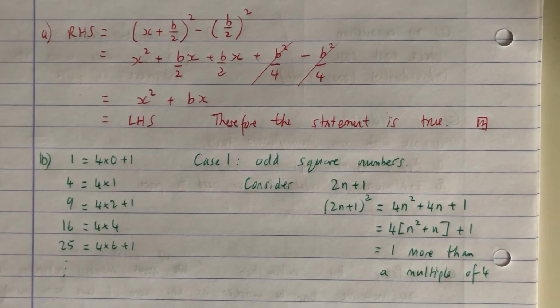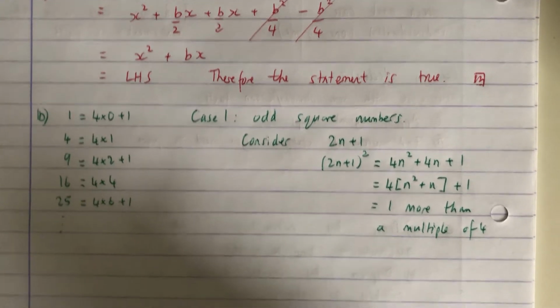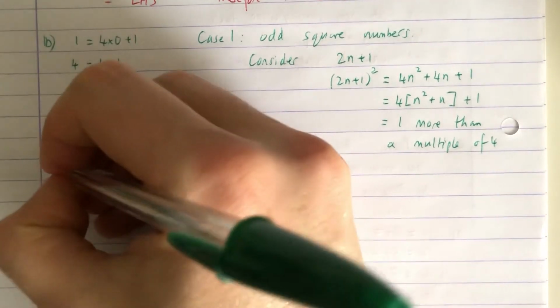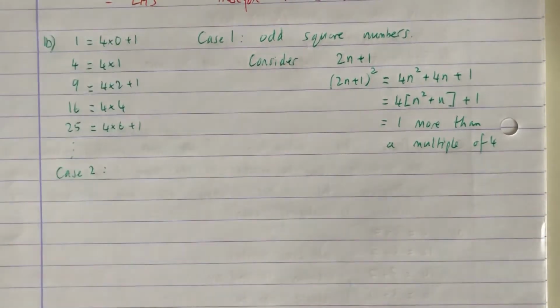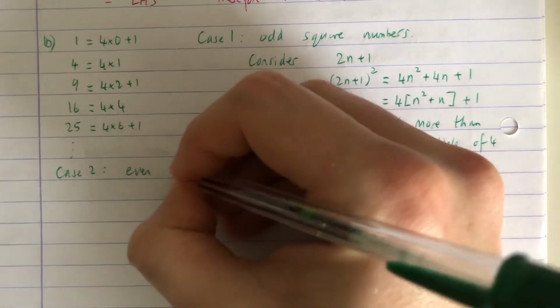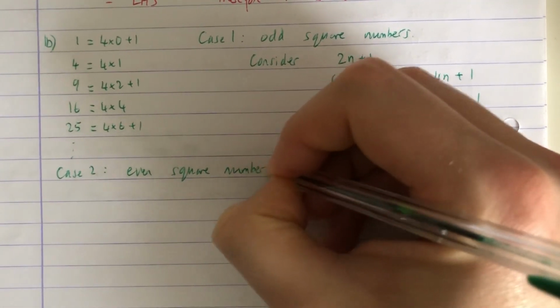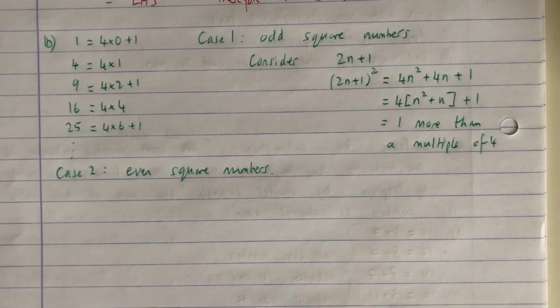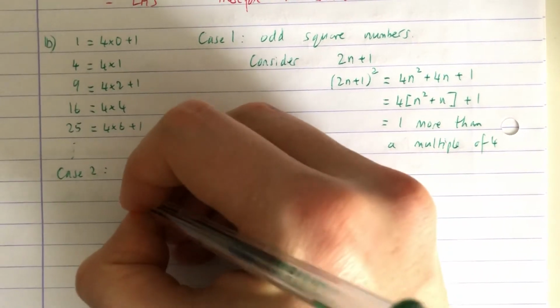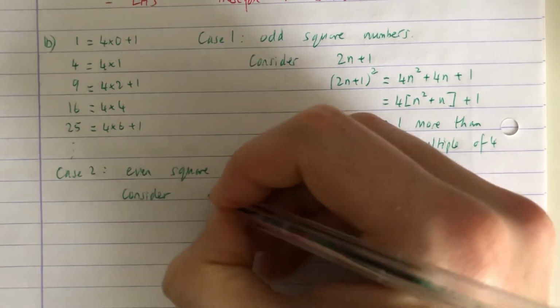Okay. The other case. The even square numbers. These should always be exactly a multiple of 4. This time we consider an even number, 2n.